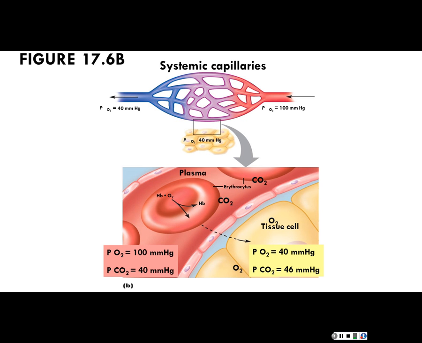Depending on the directionality, the gradient would just be a net of 6. 46 minus 40 is 6. So it's a much smaller gradient for carbon dioxide than it is for oxygen. Any questions before we review how these gases are physically transported?